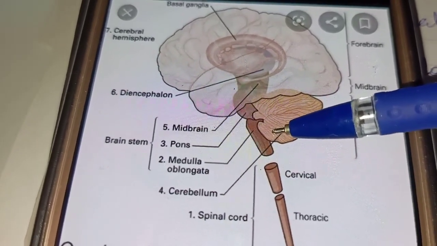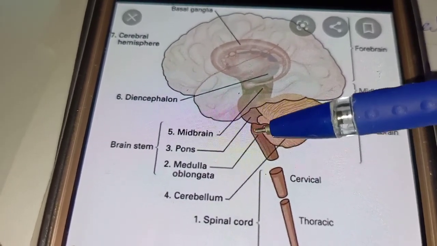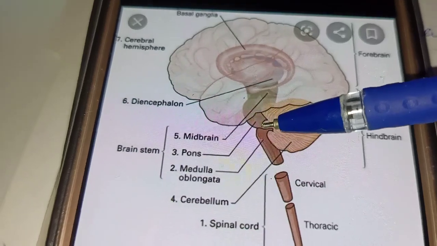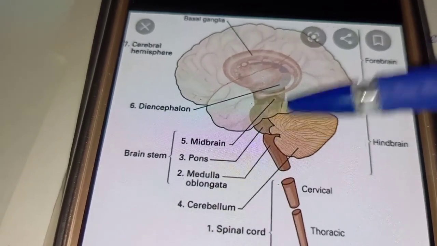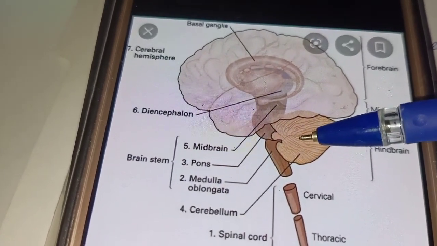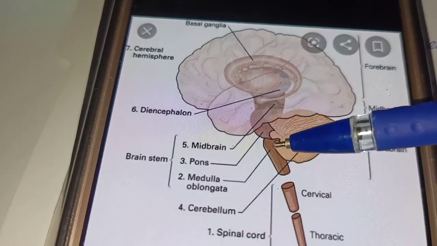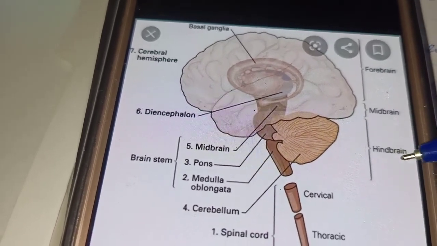And from myelencephalon develops the medulla oblongata. So this is your medulla oblongata. These are the parts of the hindbrain.